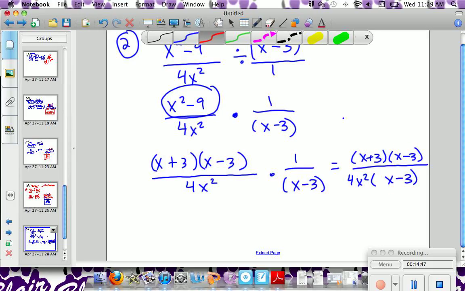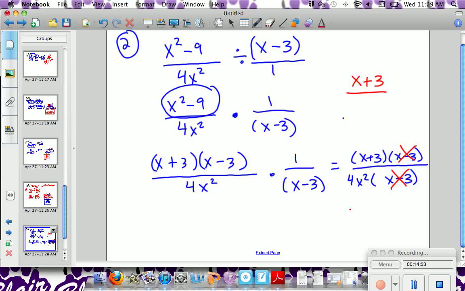This x minus 3 and that x minus 3. That makes my answer x plus 3 all over 4x squared. Remember, these x's cannot be canceled out. This is not separated by multiplication, it's separated by addition, which means it's locked in there. X plus 3 over 4x squared is my final answer.